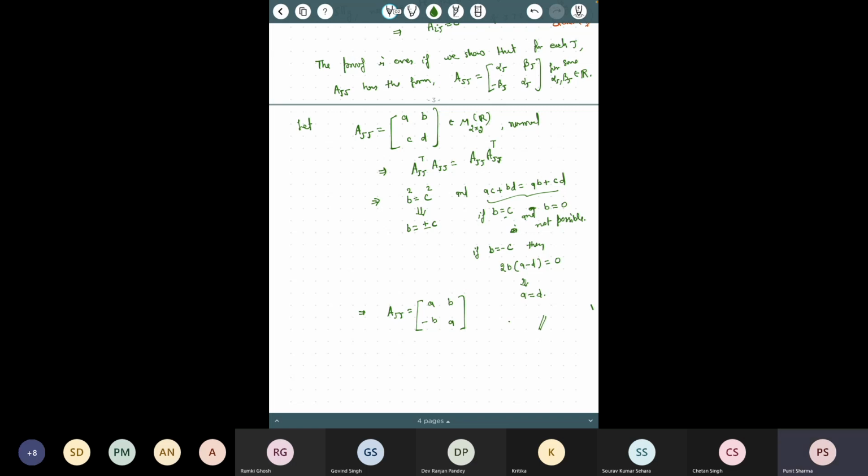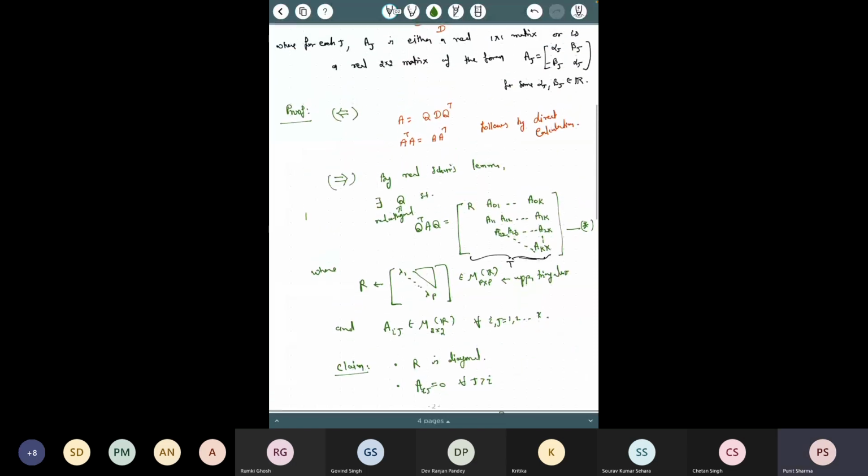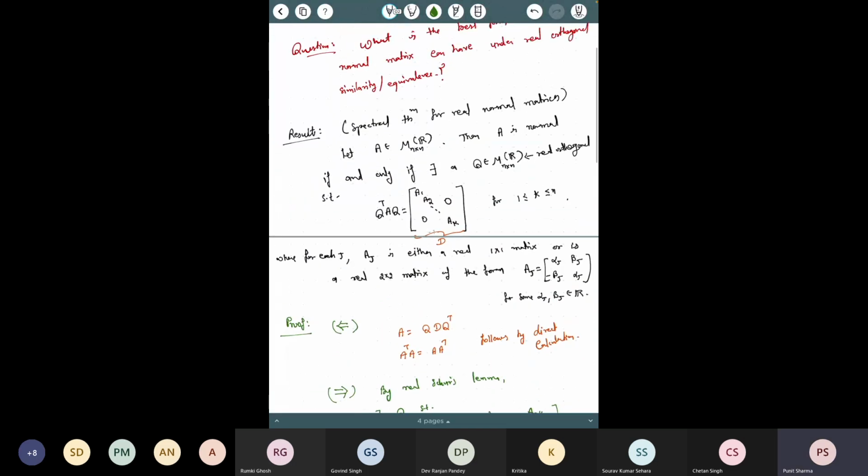Okay, so we have proved the real version of the spectral theorem for normal matrices, or you can say the spectral theorem for real normal matrices. It says that if you have a real normal matrix, then it is real orthogonally similar to a block diagonal matrix, where on the diagonal we have blocks which are either 1 cross 1 or 2 cross 2.